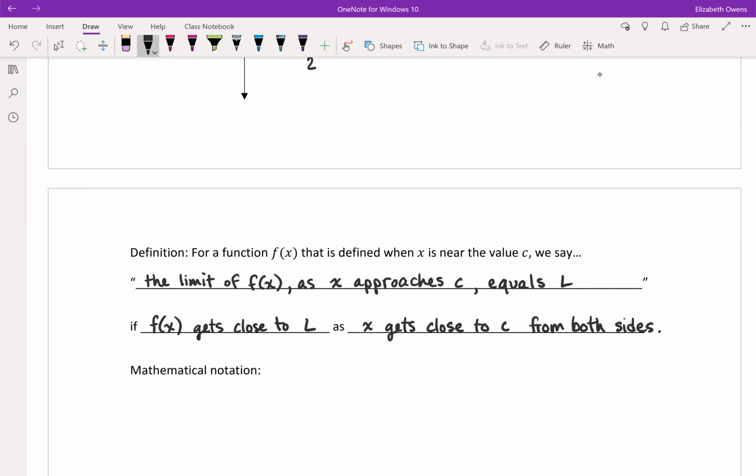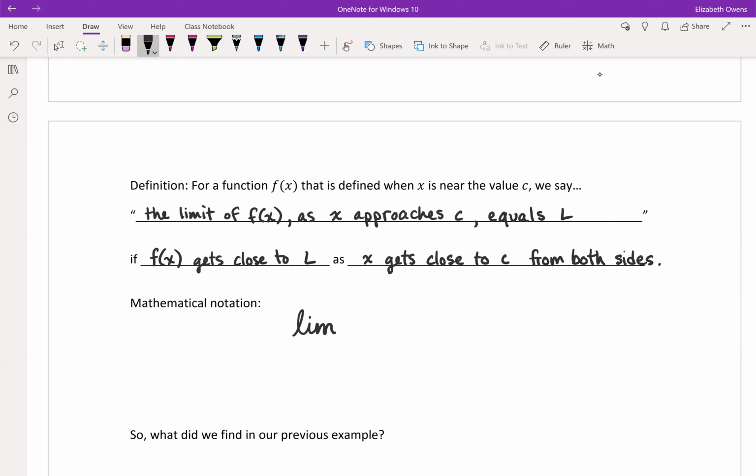All right, so that's a bit of a mouthful of a sentence. In mathematical notation, we condense that down quite a lot into a little expression that looks like this. The limit of f of x, so we write LIM for limit, and I do it in cursive because that's the way I learned it when I was in school.